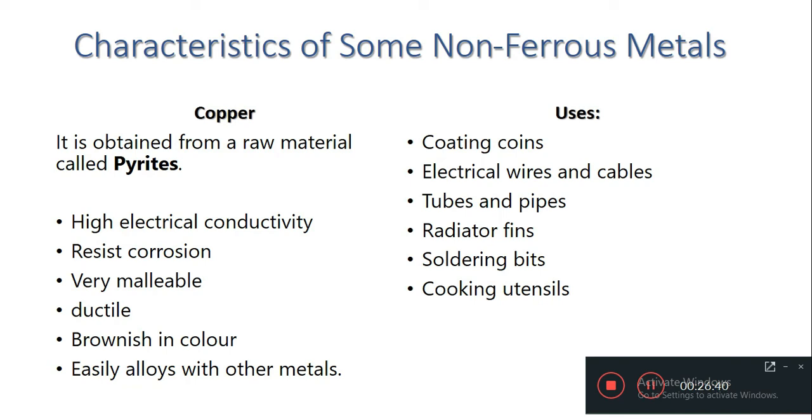We also use copper for metal tubes and pipes, which are used in our homes sometimes, that serve as gas pipelines to our kitchen and also pipelines for water. They are also used as radiators in cars and in other machines. They are also used in soldering bits, and sometimes as cooking utensils.